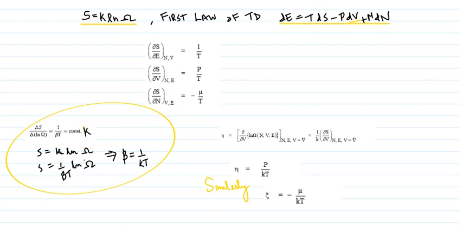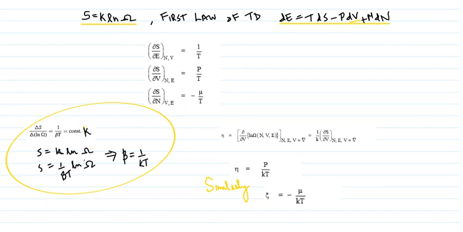Similarly at constant V and E, this one will not come in the equation and this one will be cancelled. Then you will have a relation between S and N. So dou S by dou N at constant V and E is equal to minus mu by T. Pretty obvious from this equation, right?